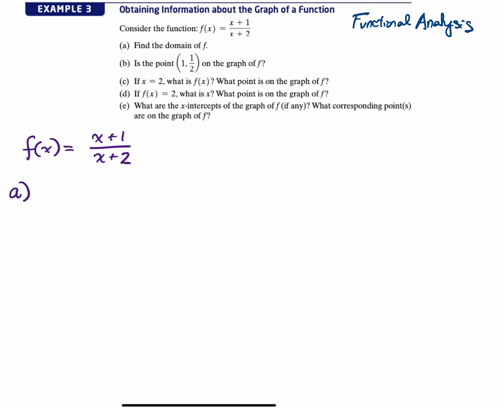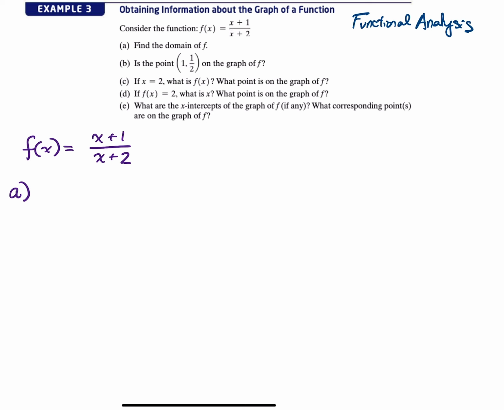And remember from our last video, for domain questions, we're typically looking for, are there any values that will force us to divide by 0? Or are there any values of x that will cause us to have a negative value underneath the square root if there's roots involved?